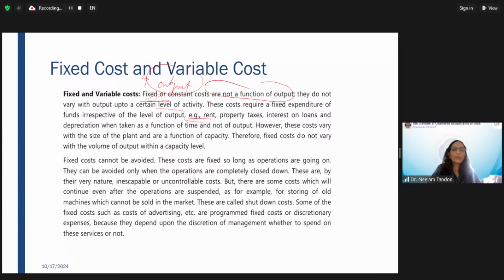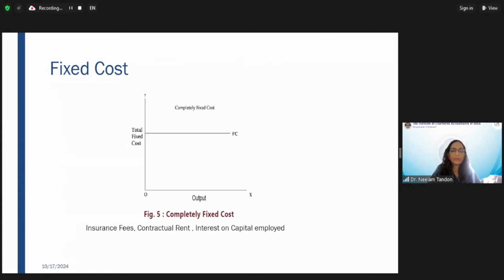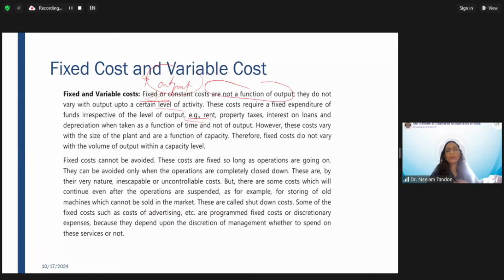So once you have land which is of huge size and you incur costs, so this is the fixed cost. मैं आपको याद रखना है कि ये output से related नहीं है, fixed cost. And if the output level increases, fixed cost is not going to change. Okay. So with the volume of output within the capacity, a given capacity में fixed cost नहीं change होगी.